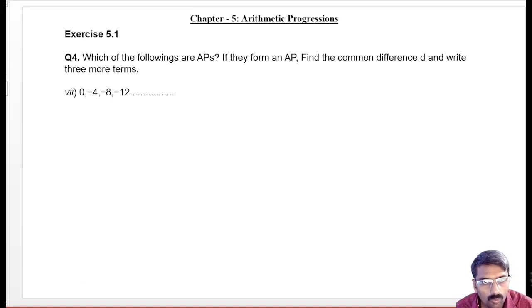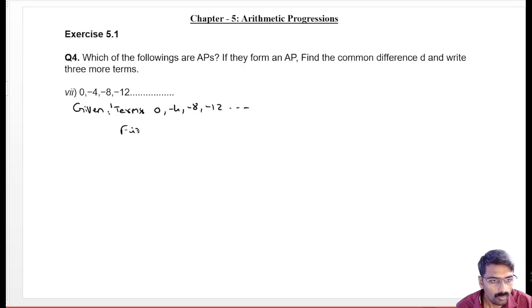So next sub question, given terms 0, minus 4, minus 8, minus 12.